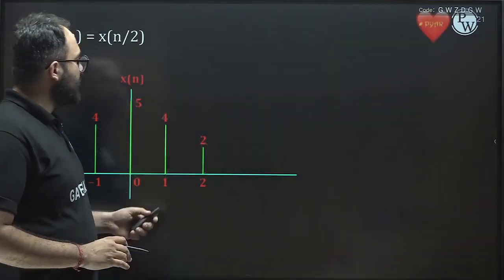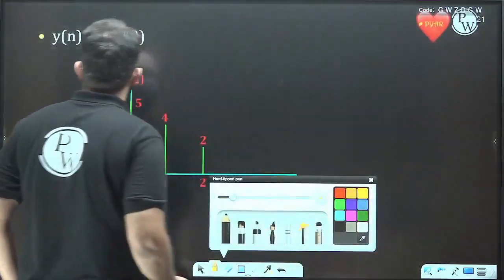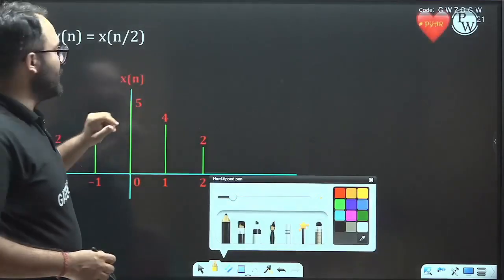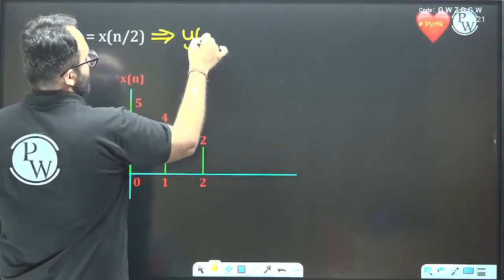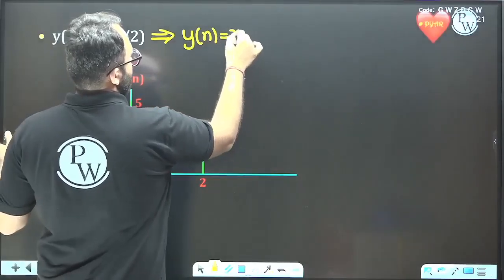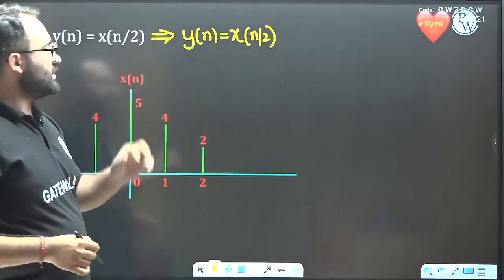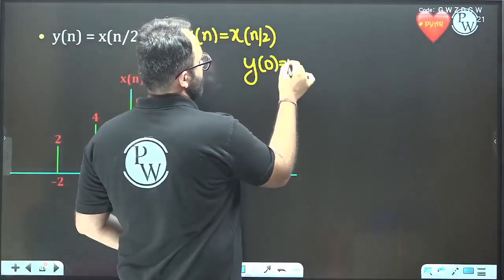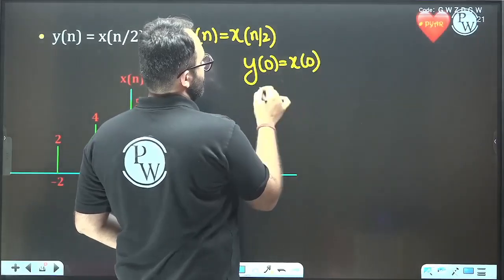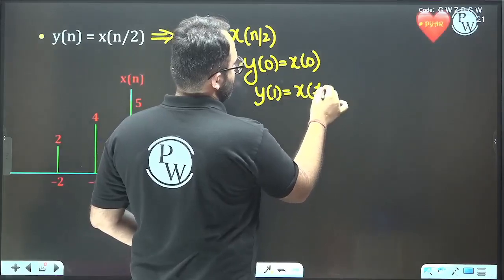Next, we can see the other problem, that is yn equals x of n by 2. We can see that y0 equals x0, y1 equals x of 1 by 2.